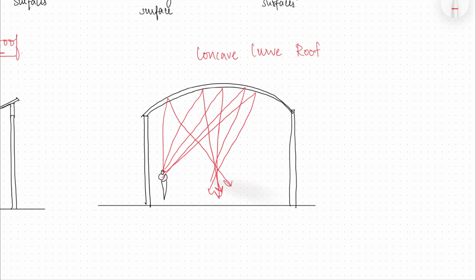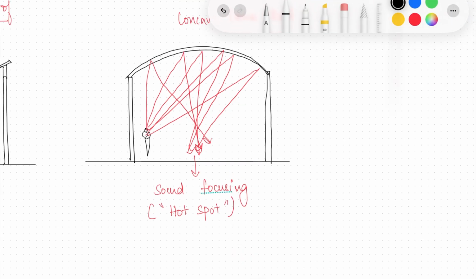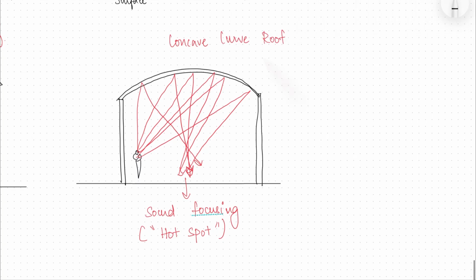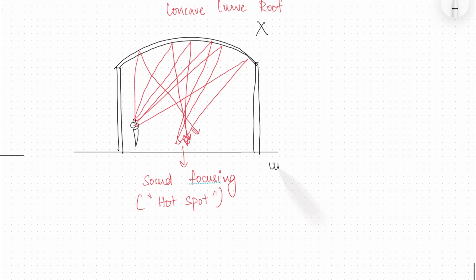And this leads to something called sound focusing, which basically creates a hotspot. And that is why a concave roof is not advisable. And here uniform distribution of sound is not achieved.